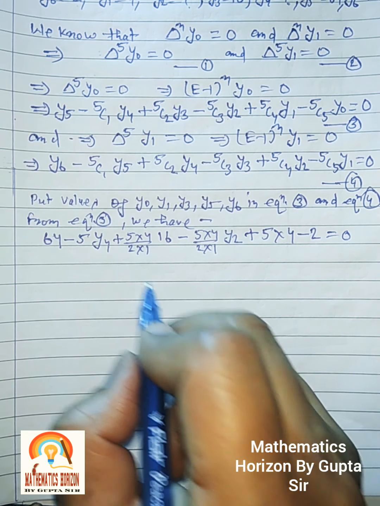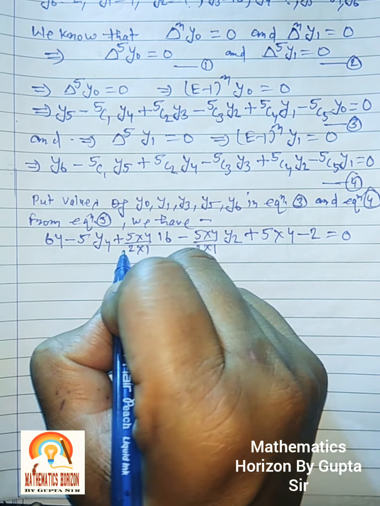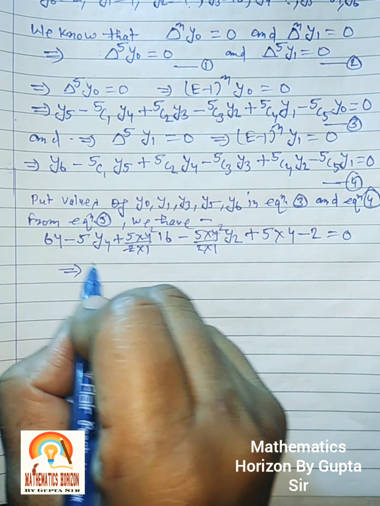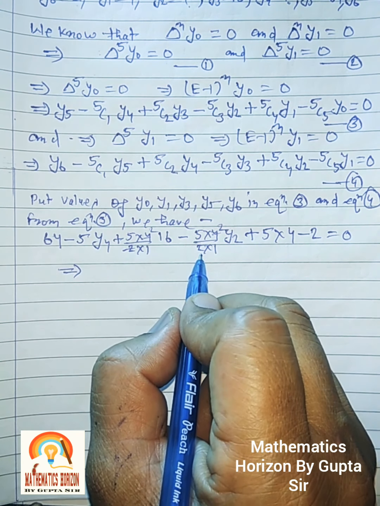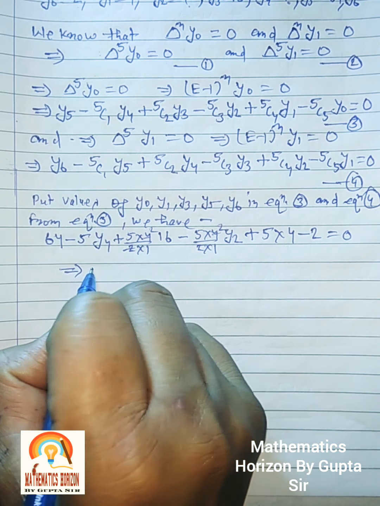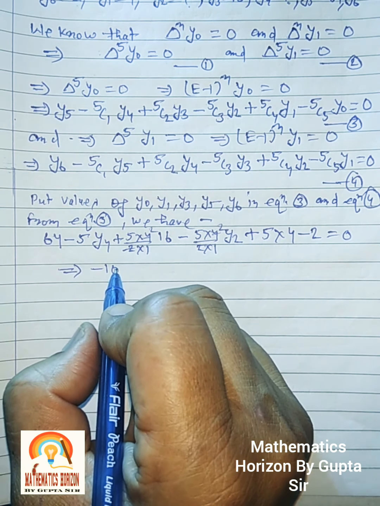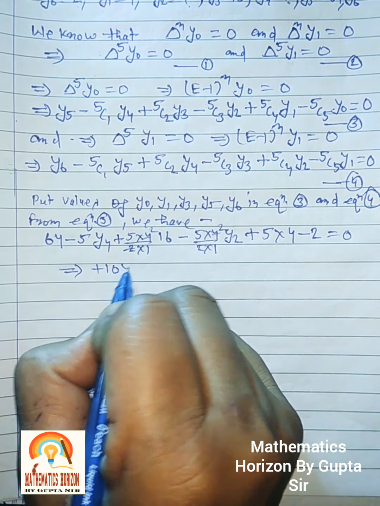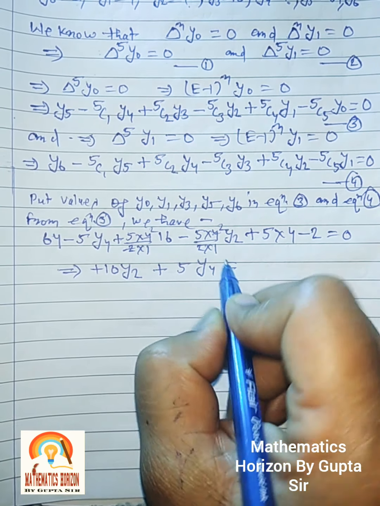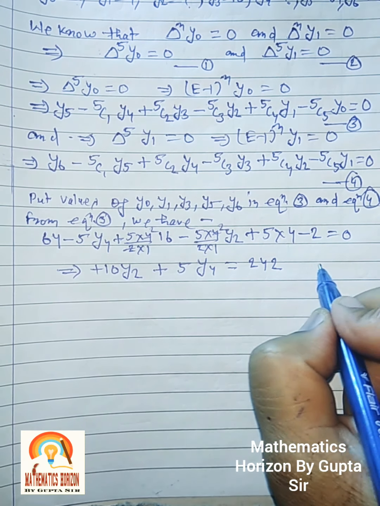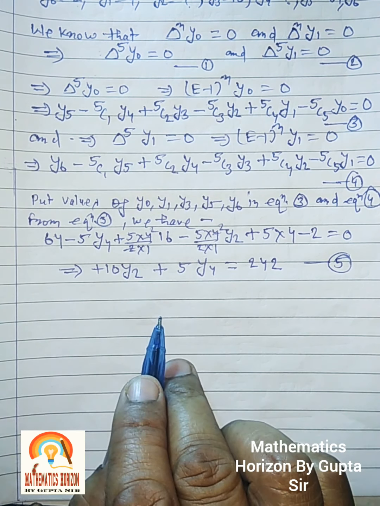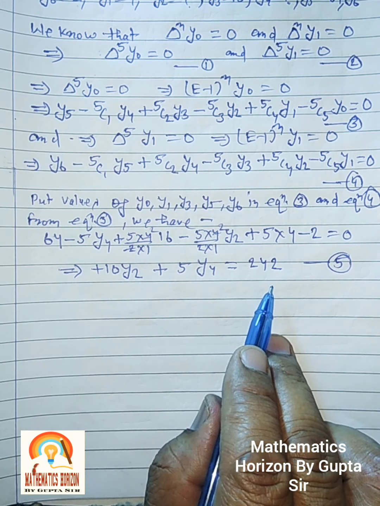On solving this, we get minus 10 y2 plus 5 y4 is equal to 242. This is our equation number 5.